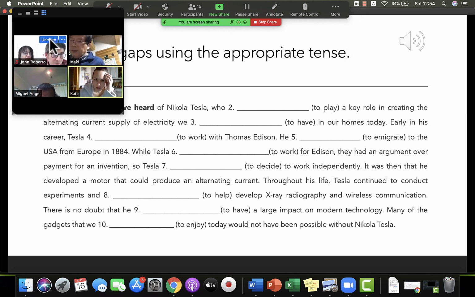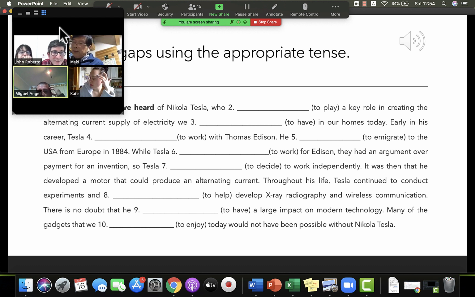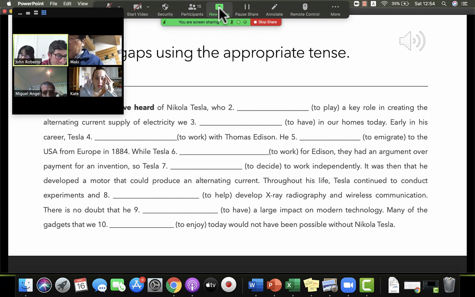I could have put past had. Present, present perfect: had a large impact. Has had. Have had. But I'm not sure. Has had. Has had, yes. And number 10, enjoy in present. He has had.